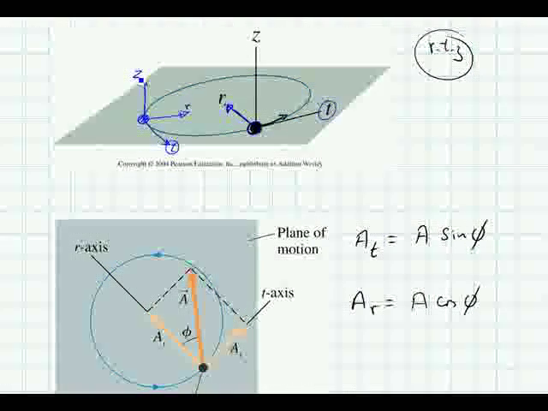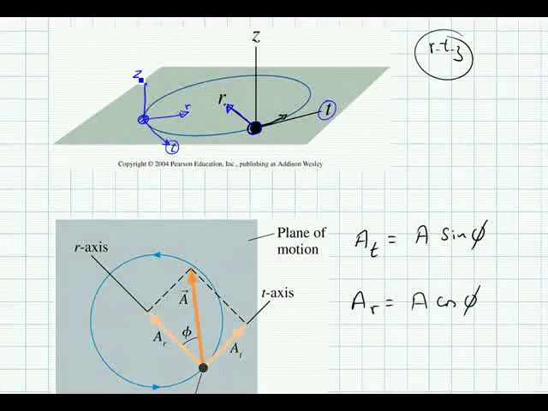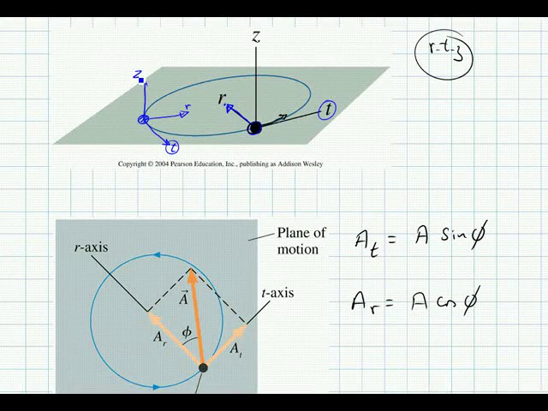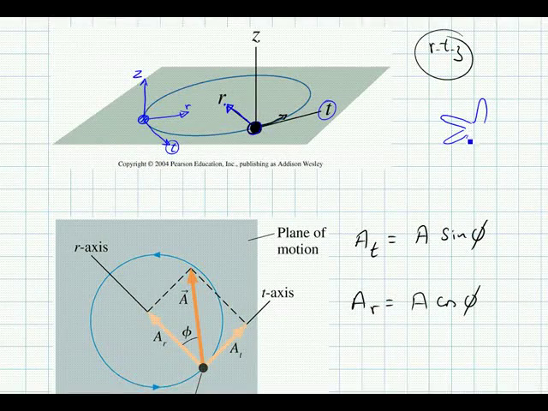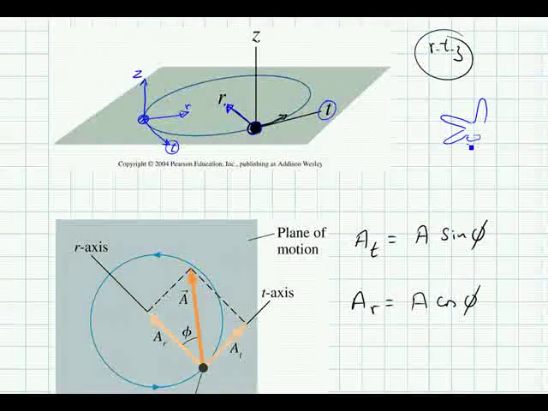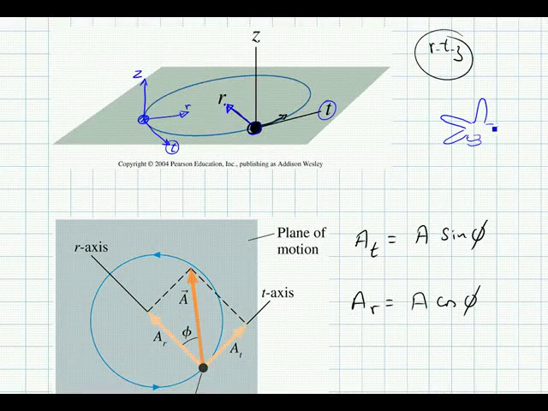Alright, and if you use what we call the right hand rule, so if you stick out your right hand, if this is your thumb and this is your index finger, and this would be your middle finger, and then the other two would be folded like this.